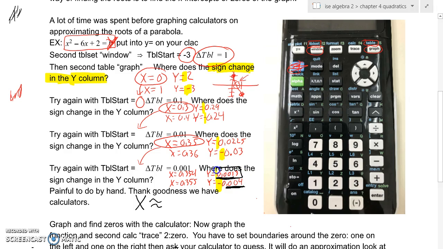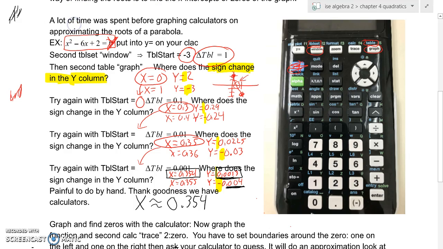So this is much closer, and so the x where we cross is 0.354. This is, of course, one of the two places where we cross the axis.